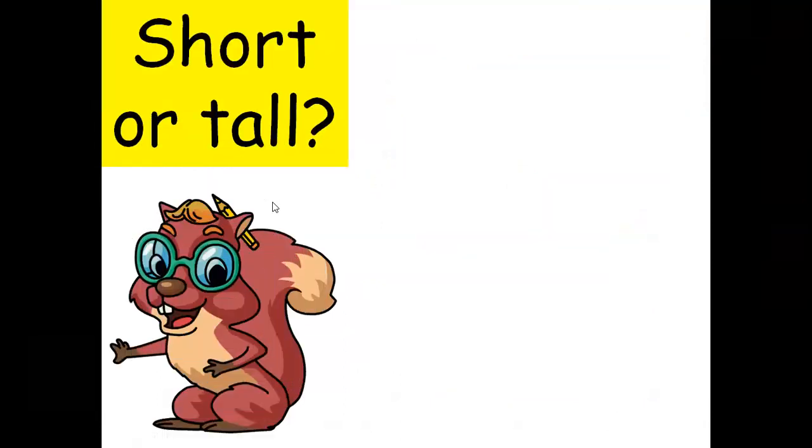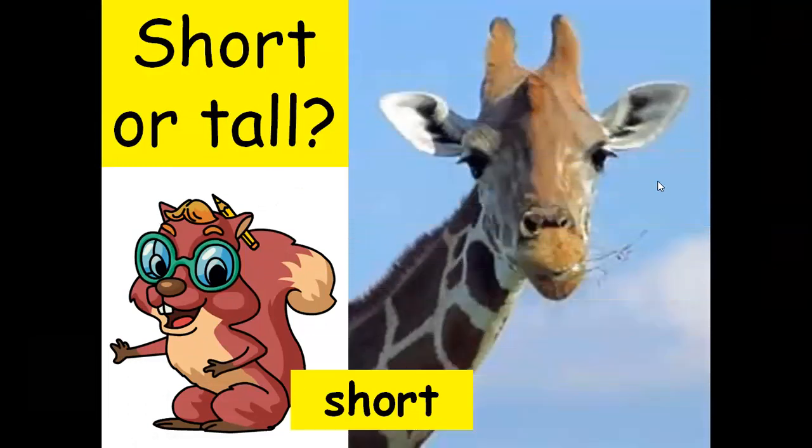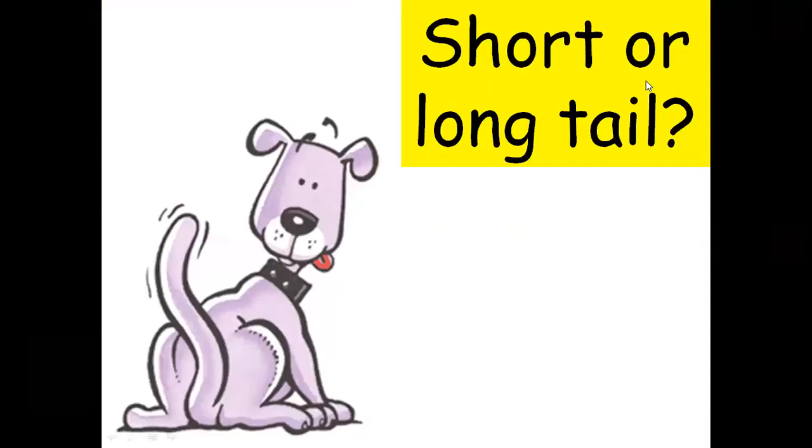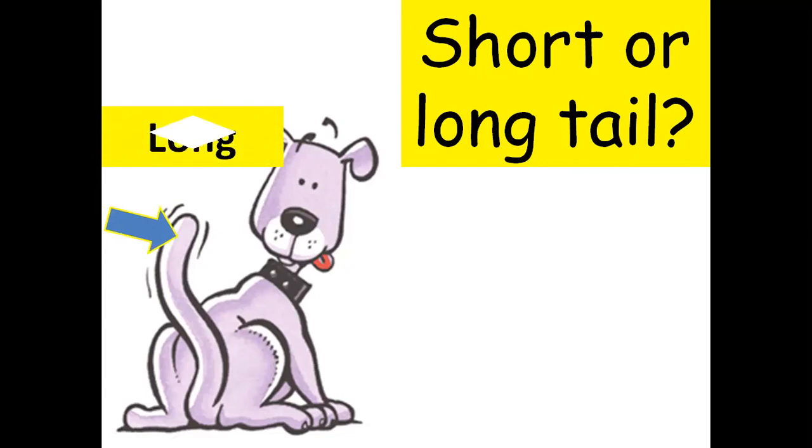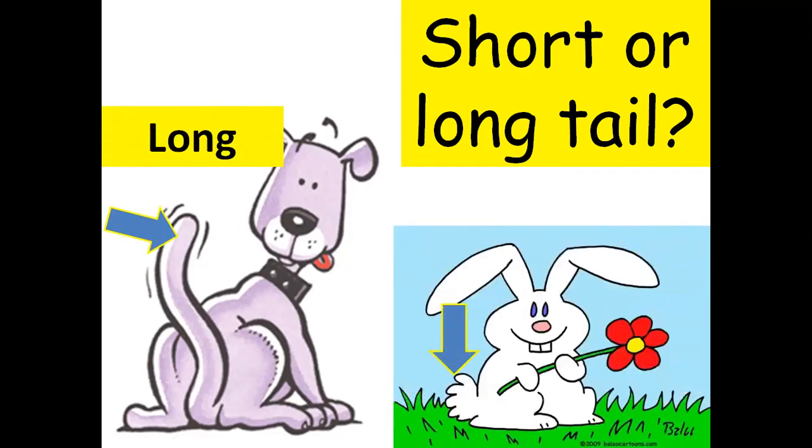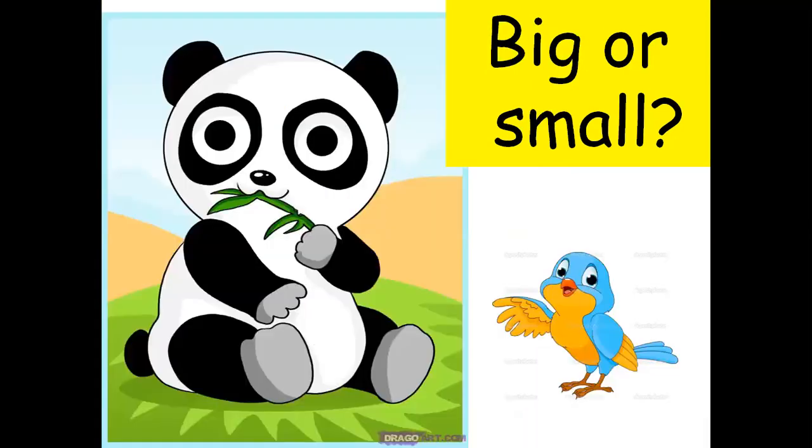Short or tall? Short. This is short. Zebra is tall. Short or long tail? The dog has a long tail, whereas a rabbit has a short tail. Big or small?